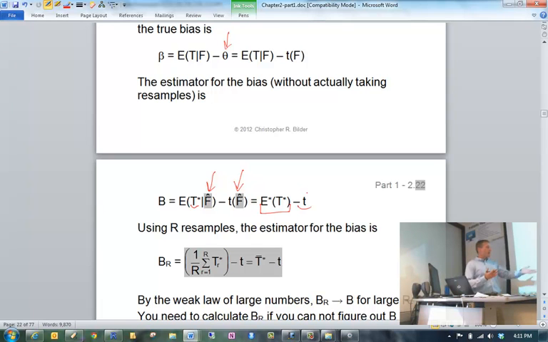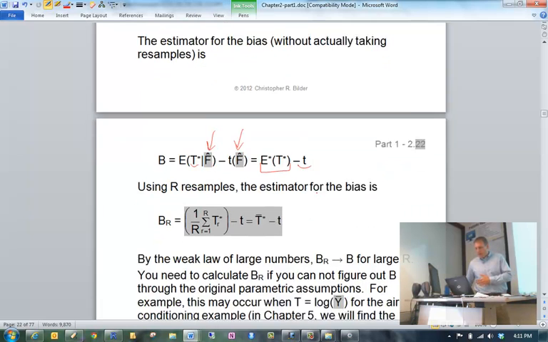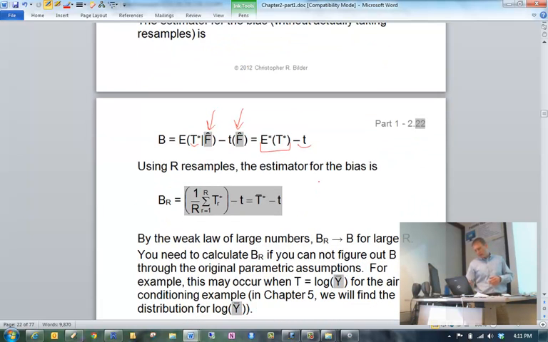With a parametric setting, often you're going to be able to actually derive what this expected value is, but in some settings it might be difficult. Maybe the math is too messy. So you're going to need to use our resamples to estimate this quantity. All we do is replace the expected value with, from actually doing, let's say, capital R resamples, the average.